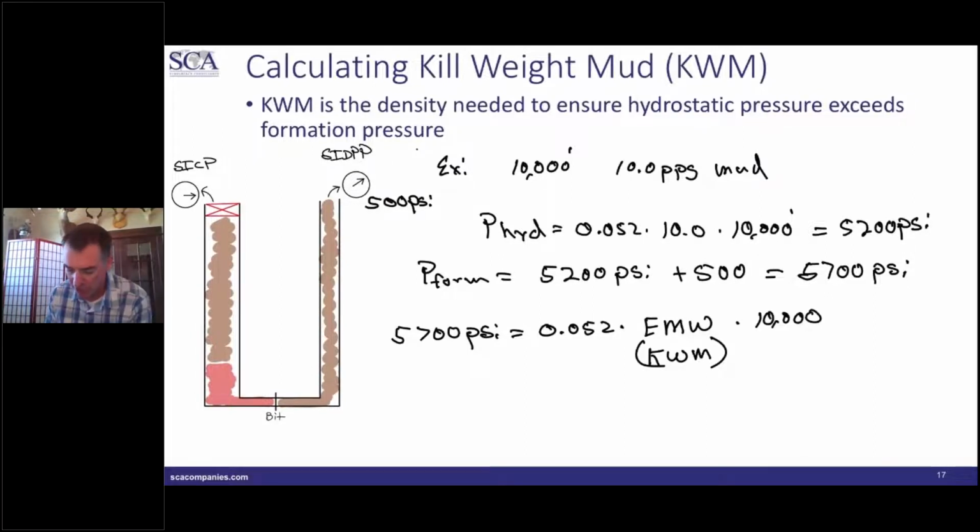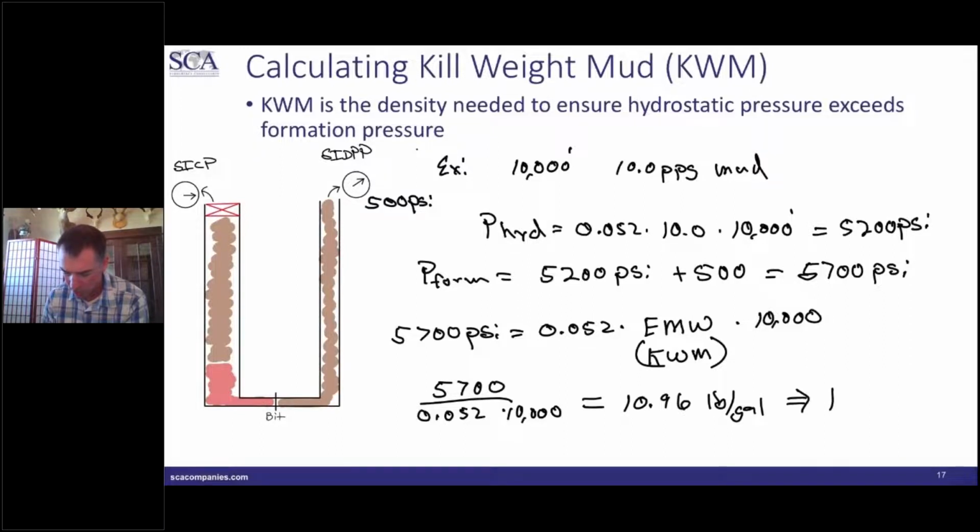I'm just converting this 5,700 psi into a mud weight now, and when I do that, I get 5,700 divided by 0.052 times 10,000, and I end up with 10.96 pounds per gallon, and I would round that up to 11.0 pounds per gallon, and that would be my kill weight mud.